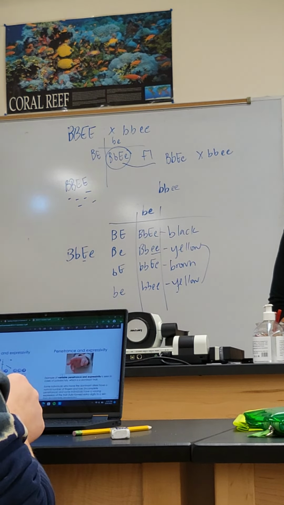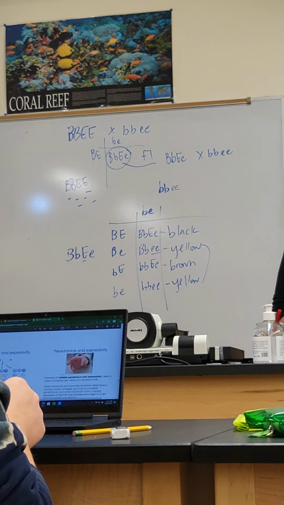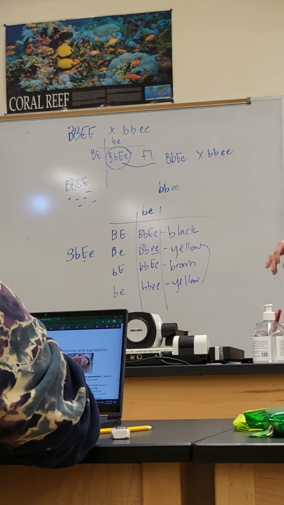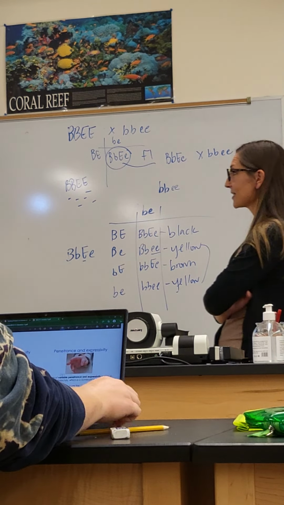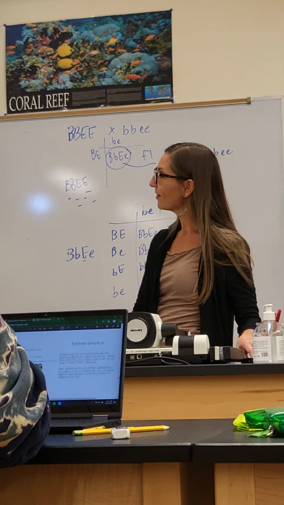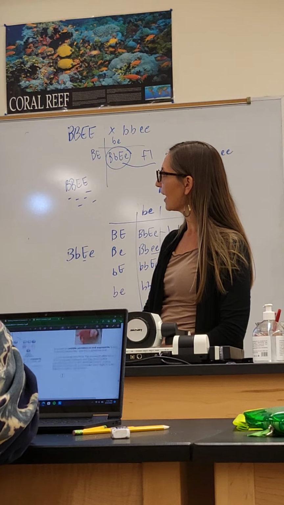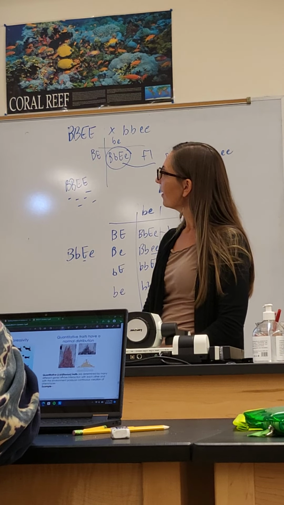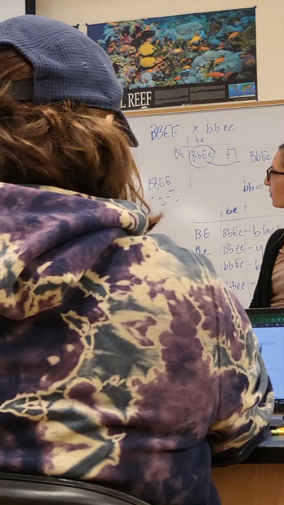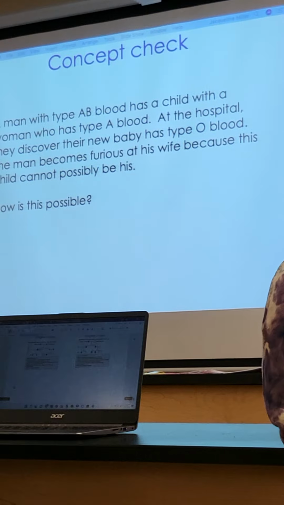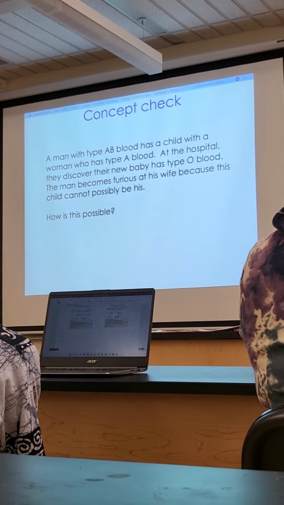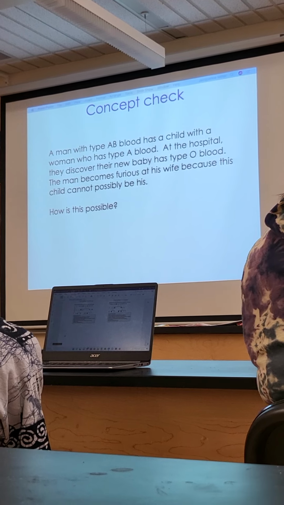So, I have one more example. I like to throw this in because it's actually based on a true story that happened with blood typing. There was a male that had type AB blood, and this female who was type A blood, and they discovered that their baby had type O blood.